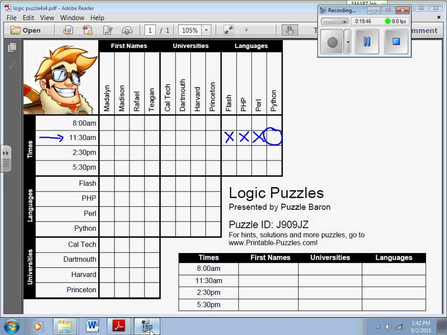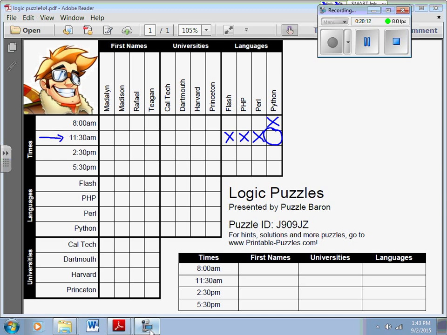Now, do you guys notice that there's also some other parts that we need to X out? Who can tell me what else we should X out? No? 8 a.m. Python? Whoever does Python did not come in at 8 a.m. They came in at 11:30.